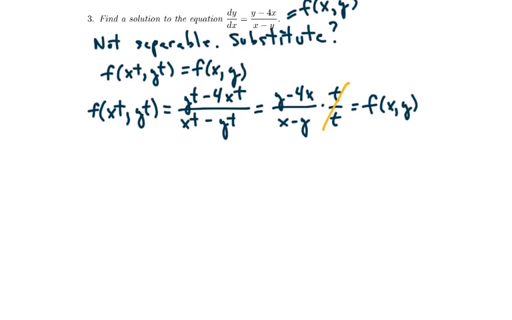Now the substitution says that y equals vx. And so that's going to help us sub in for y, but we also have dy/dx. Now v may very well be a variable dependent on x, and so y prime is going to be v prime x plus v x prime, but dx is 1.